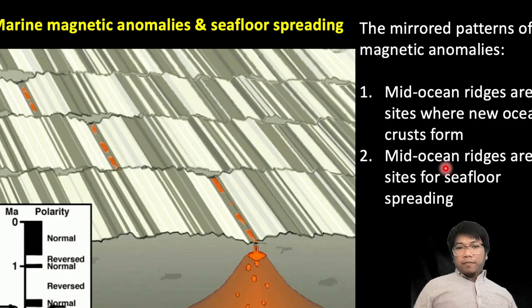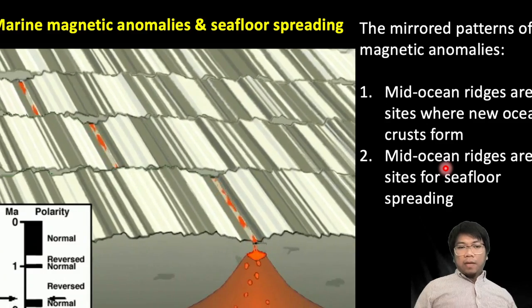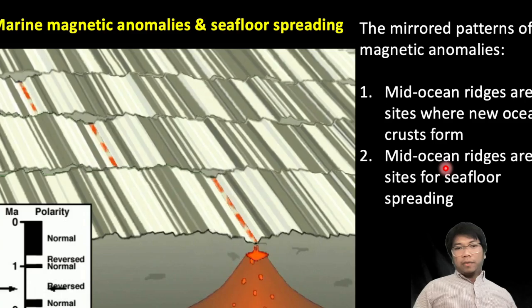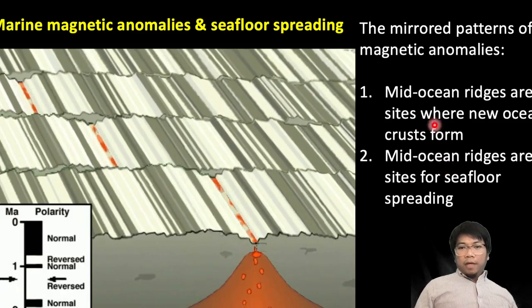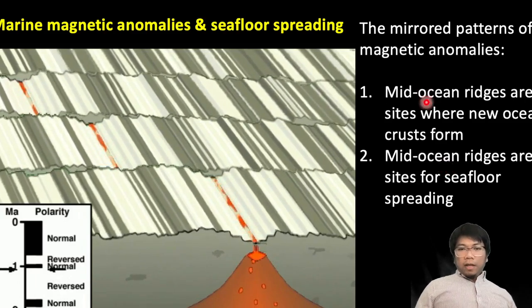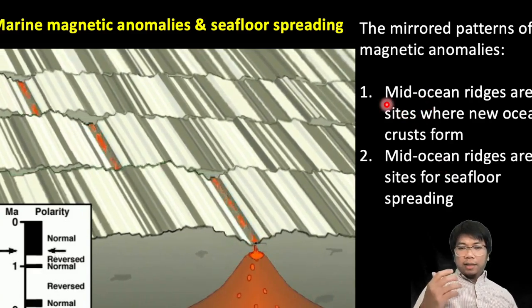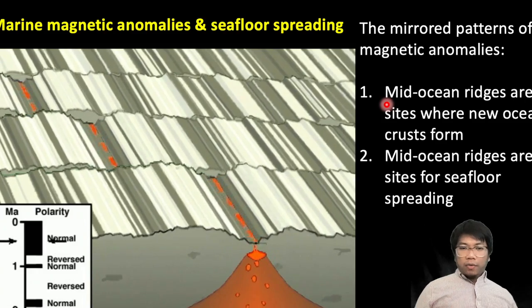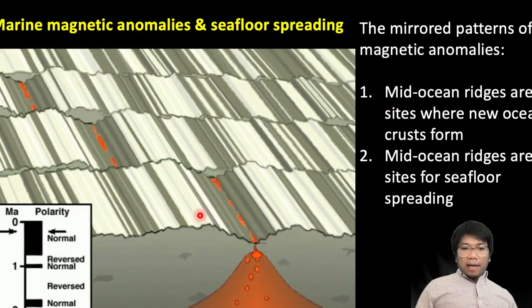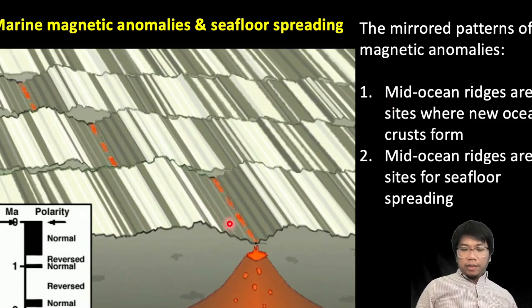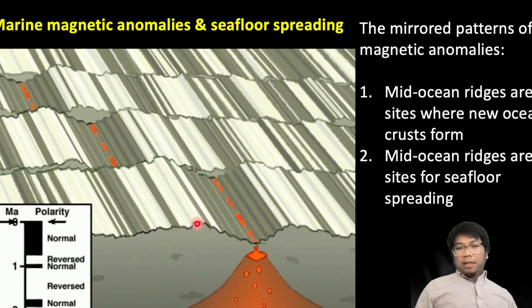So all of these observations tell us something about how marine magnetic anomalies relate to seafloor spreading, because first of all, it shows us that mid-ocean ridges are indeed sites where new oceanic crust forms, because as we go towards the mid-ocean ridges, the age of the oceanic floor becomes younger and younger.